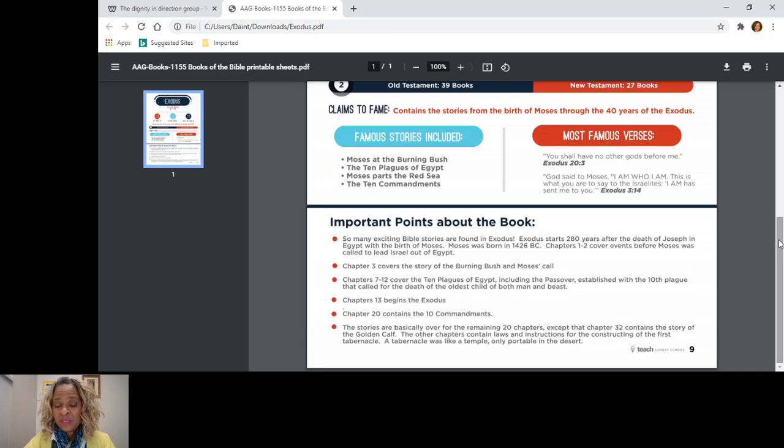Here are some tidbits that are not included on this sheet, because I want you to know several different benefits of reading and knowing the book of Exodus. So, Elizabeth George, who is a biblical scholar, defines the book of Exodus by using one word, and that one word is deliverance.